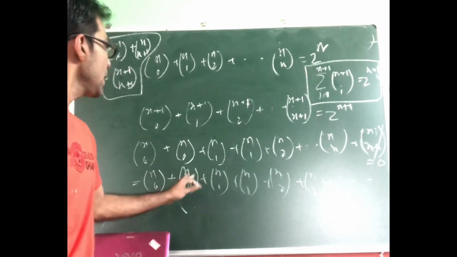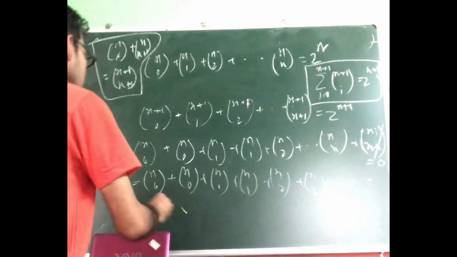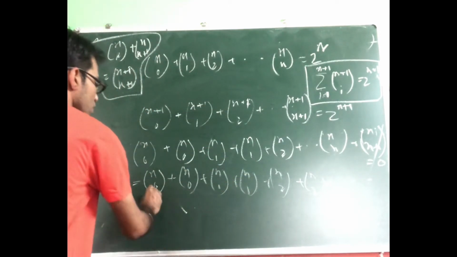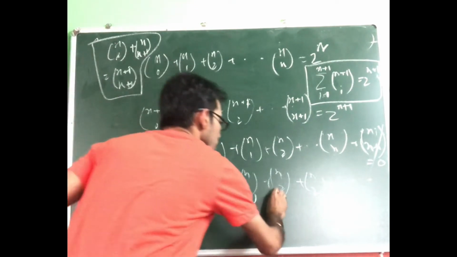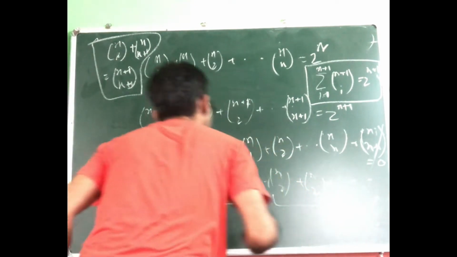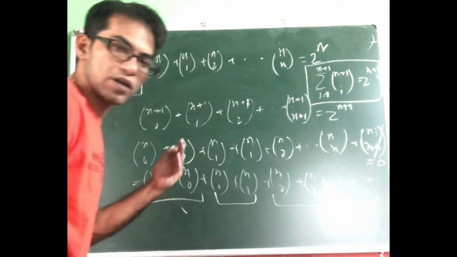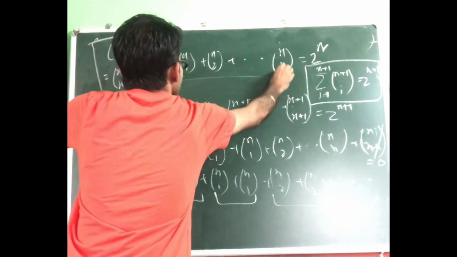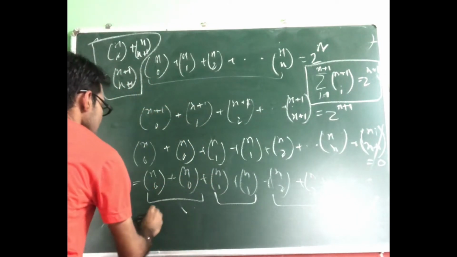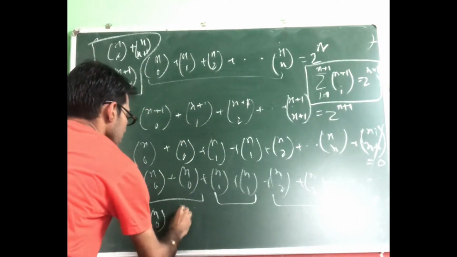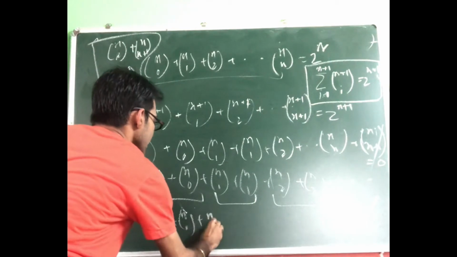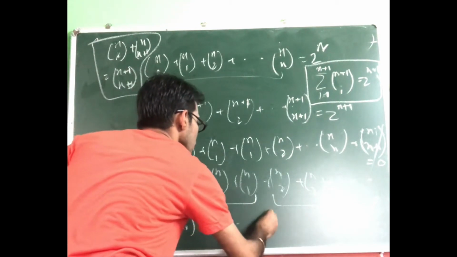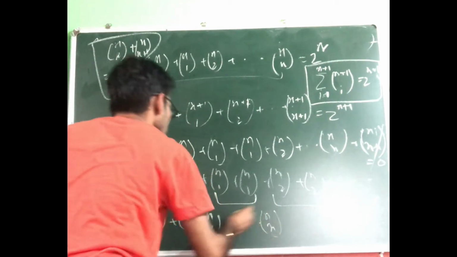So basically I have got a 2 set of this one, because you can see here two elements, and it will continue. So what I will have is a 2 set of this one. So this basically is n choose 0 plus n choose 1 plus n choose 2 all the way to n choose n, and how many are we having?